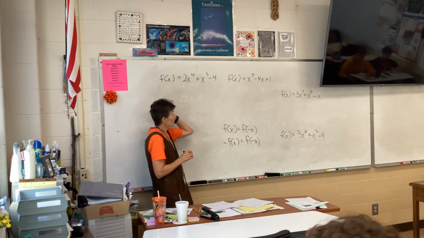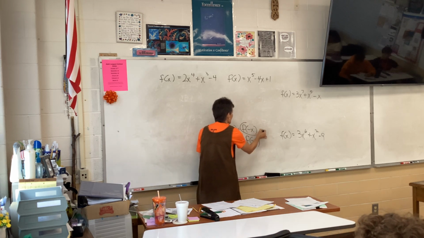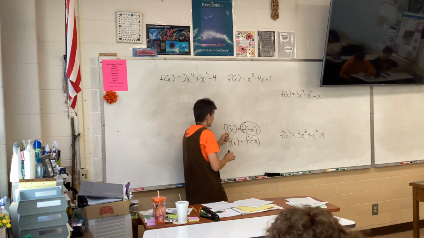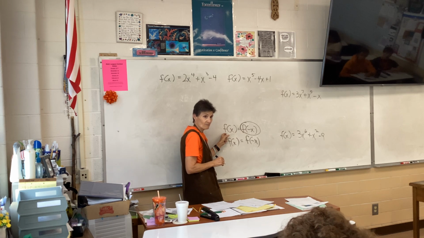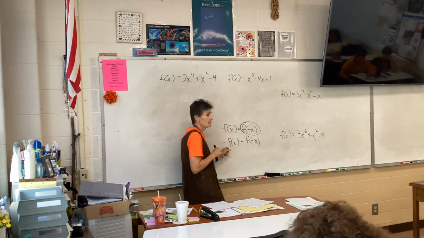So basically, with problems like this, you have one thing to do. Evaluate this. Find f of negative x. If it ends up equaling the original problem, you're even. If it ends up equaling the opposite of the original problem, you are odd. If it ends up equaling some other random thing, then it is neither, right?